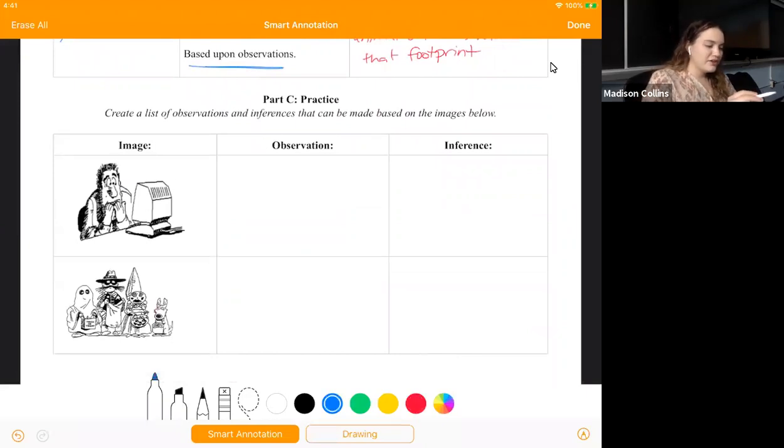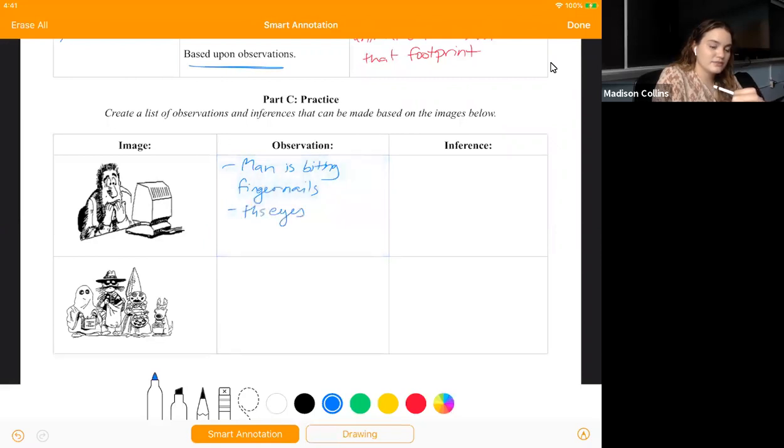All right, so here we've got another picture. I see one observation I can make. Okay, I can also see that his eyes are widened. So what are some inferences I can make based on those observations?